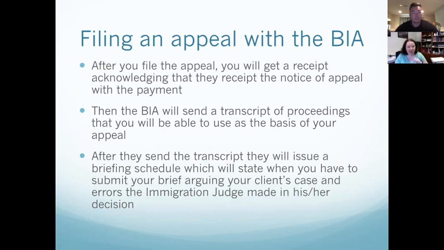So you just need to send a request for a 21-day extension when you get this briefing schedule, and they'll grant it. You'll get 21 more days after the original due date, so you'll have a little bit more time. Extensions after that, I think, are fairly rarely granted. So plan to submit your brief by at least the second deadline.